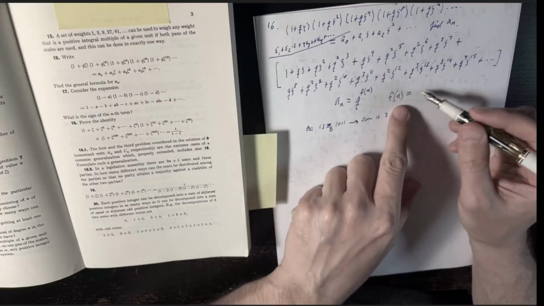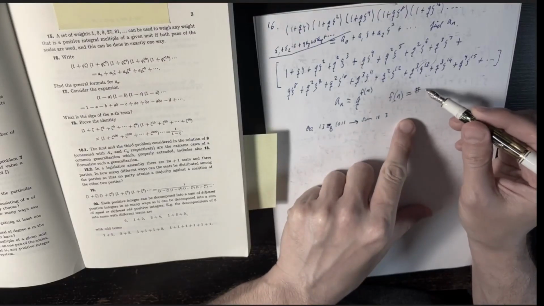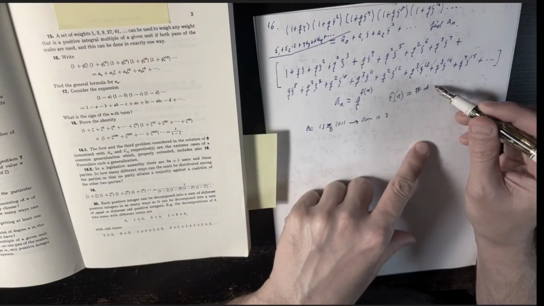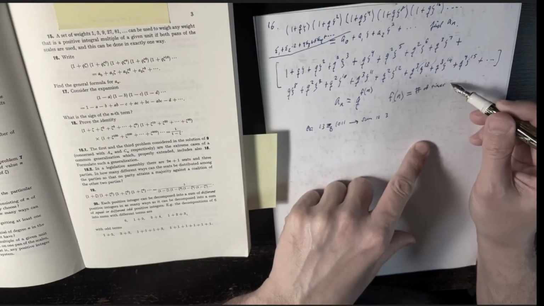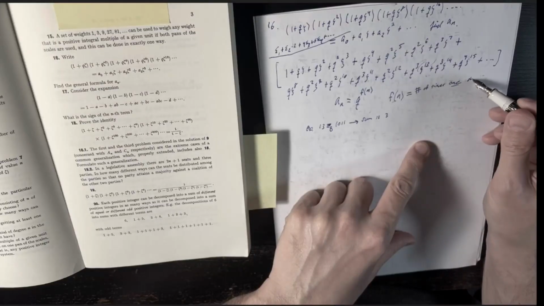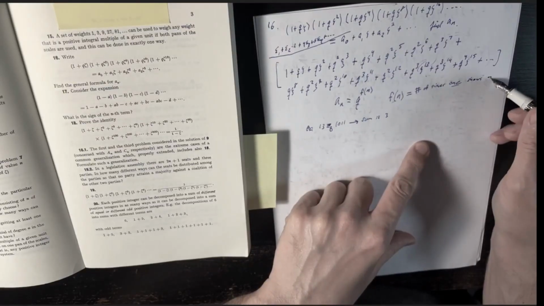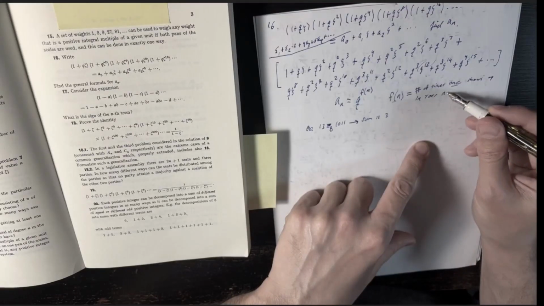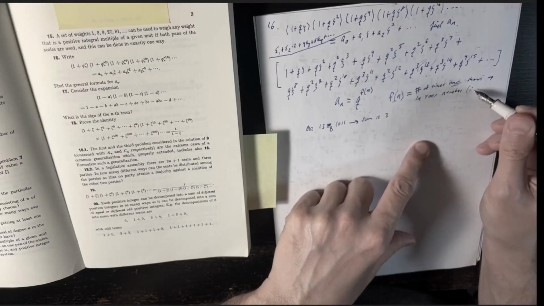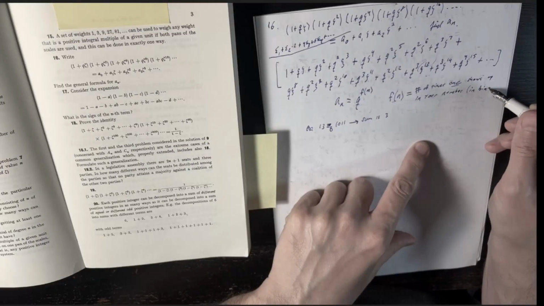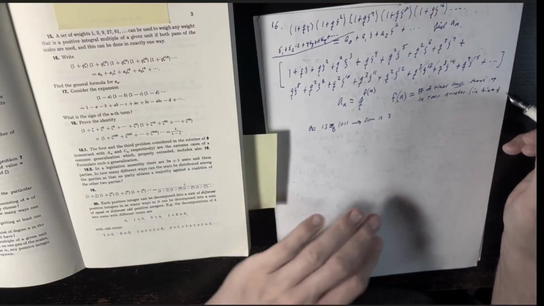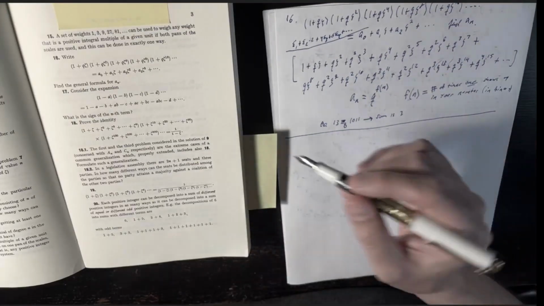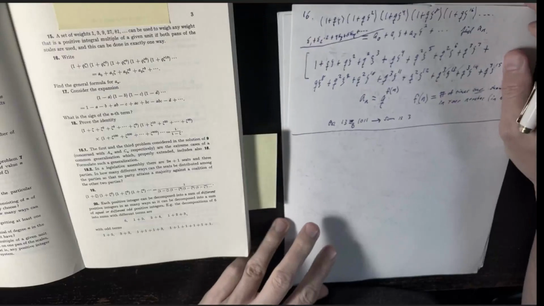So Fn is the number of times there's a 1 in your binary representation.